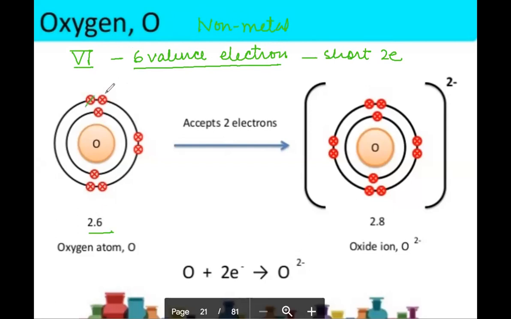It has 6 electrons, 1, 2, 3, 4, 5, and 6 in the last shell. So it needs 2 more, and it will be accepting 2 more electrons. Its number of protons will remain 8, but its number of electrons will become 10. So there is a mismatch. It will be acquiring a 2 negative charge in order to form an oxide ion.